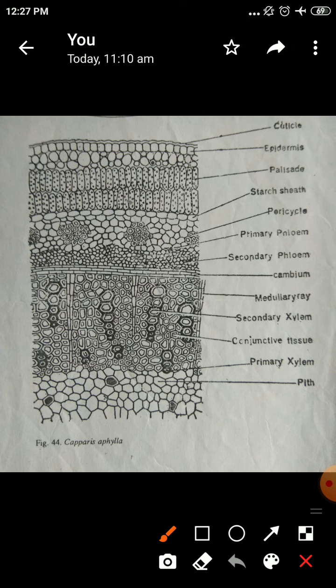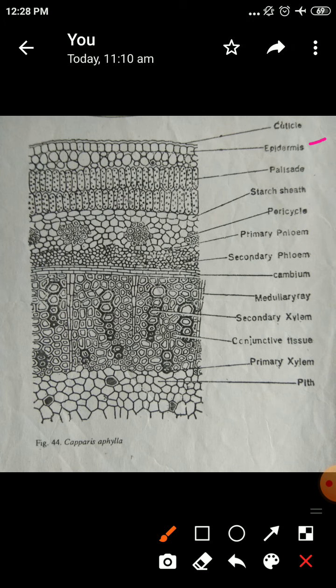For example, over here, this section shows epidermis. The epidermal cells are radially elongated and they form a very strong protective uniseriate layer of cells, a protective armour.